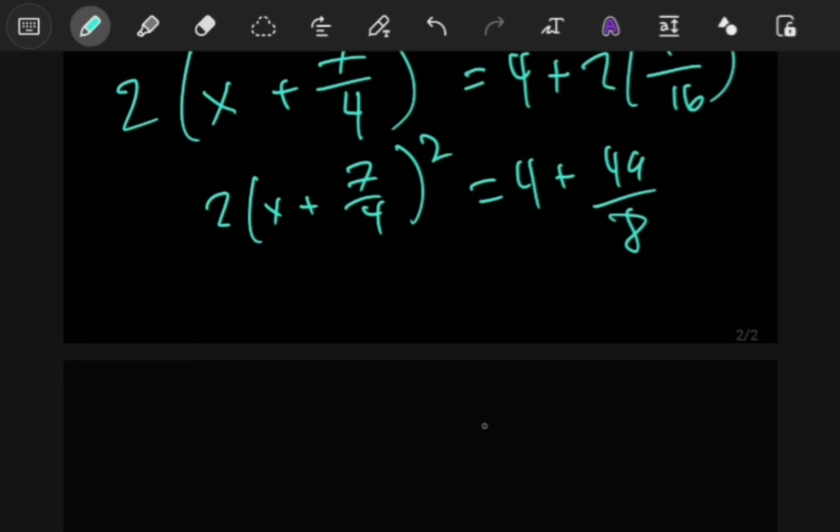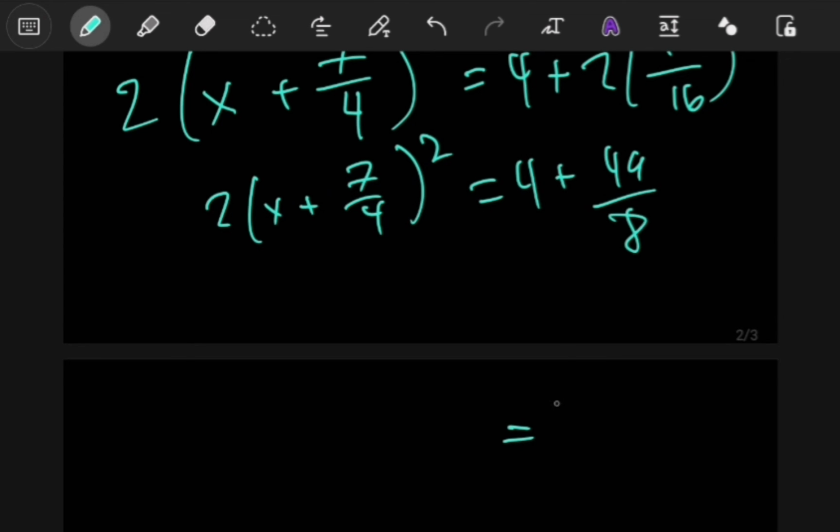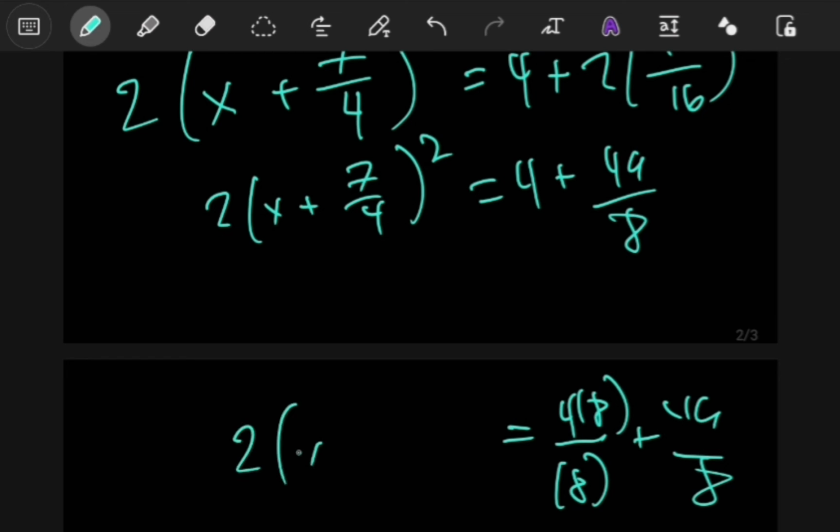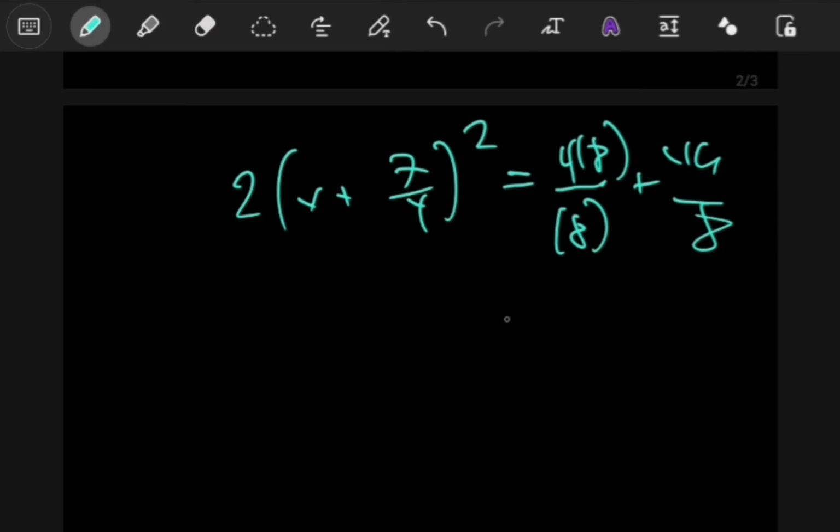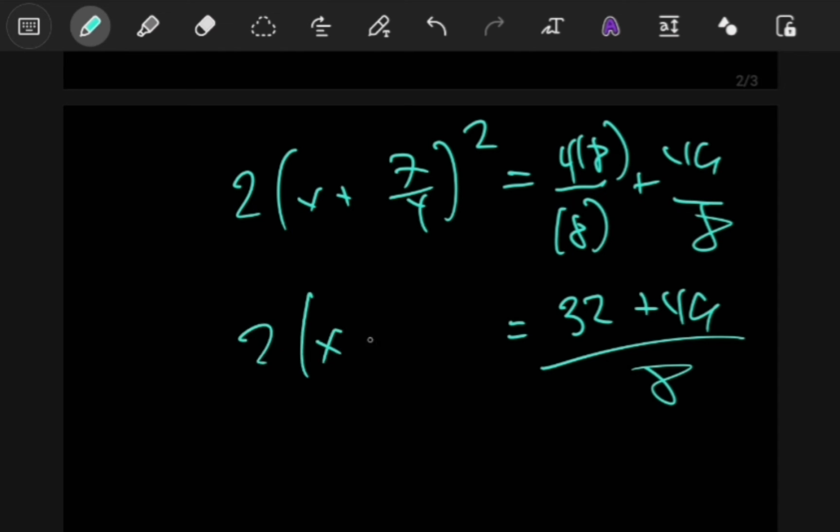Now we're going to add. So 4 is 32 over 8, plus 49 over 8, equals 2 times x plus 7 over 4 squared.